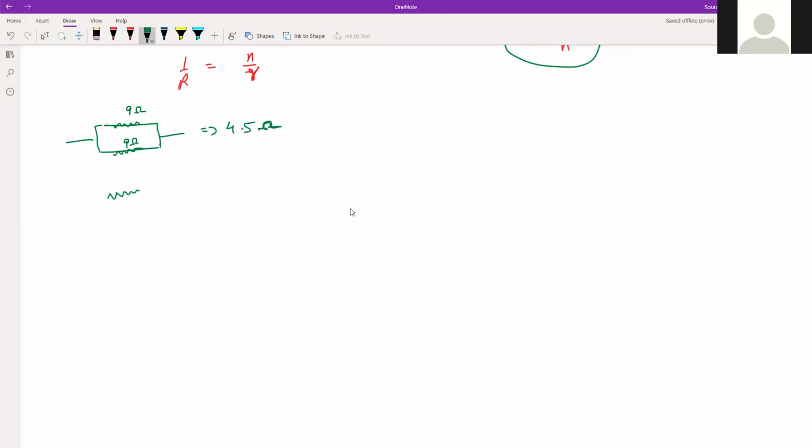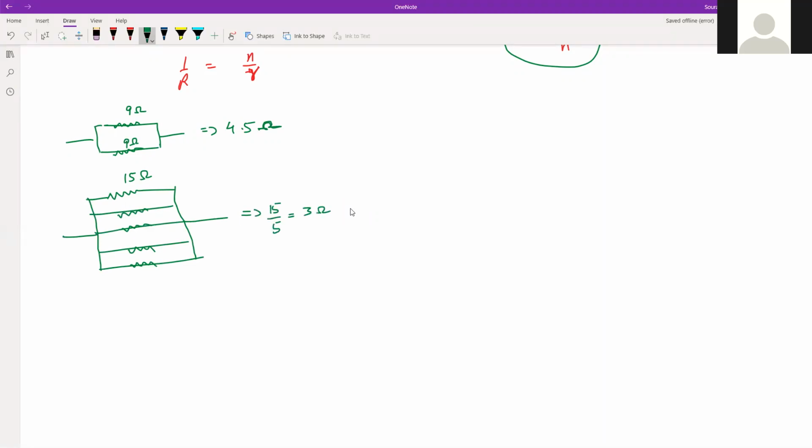If there are, suppose, 5 such resistors, all of 15 ohms, connected in parallel, then their equivalent will be 15 by 5, which is equal to 3 ohms. So that's how we calculate equivalent resistance in series or in parallel.